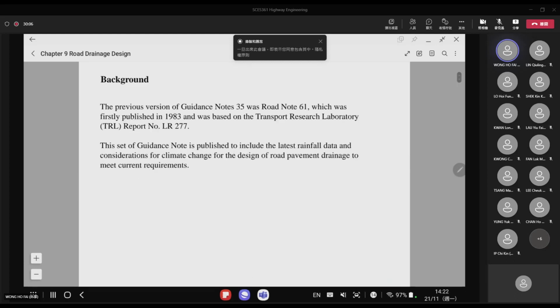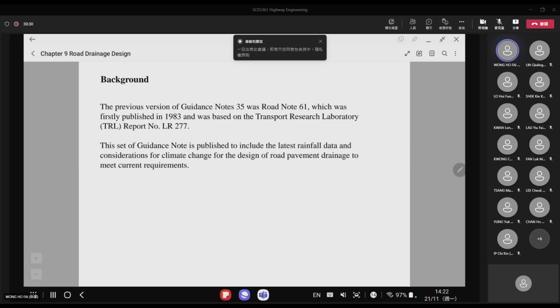The first version was Guidance Notes 35, which was Road Note 61, first published in 1983, and that was based on the Transport Research Laboratory report number LR277.